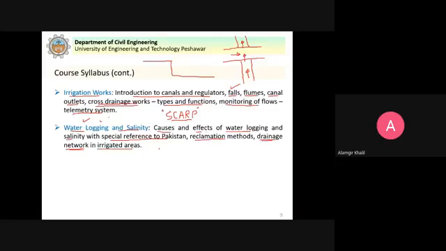Similarly for plants, we should supply water at the right time and in the right quantity. Otherwise it will have negative effects on plant growth. That is why drainage engineering is a subject in itself. So we will study some introduction about the drainage network in the irrigated areas.